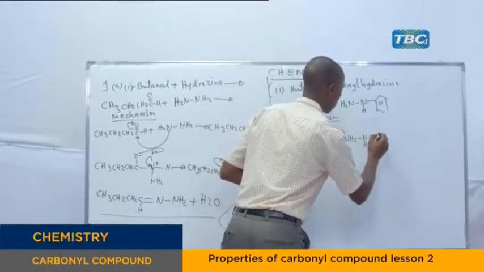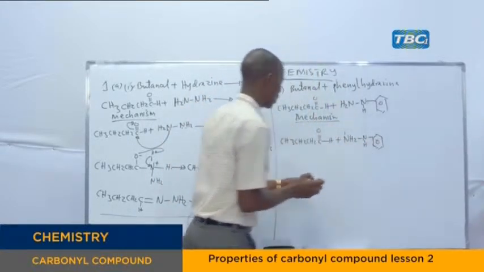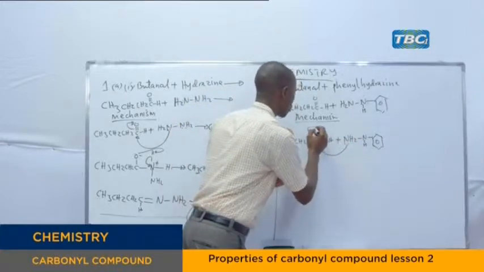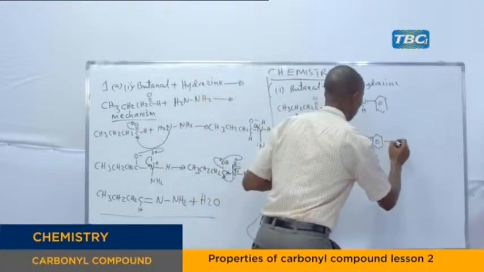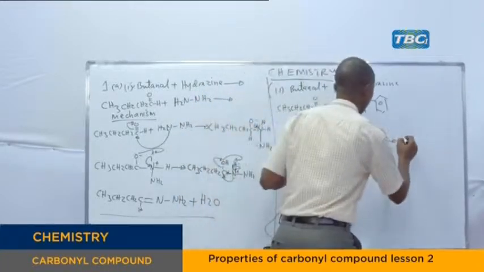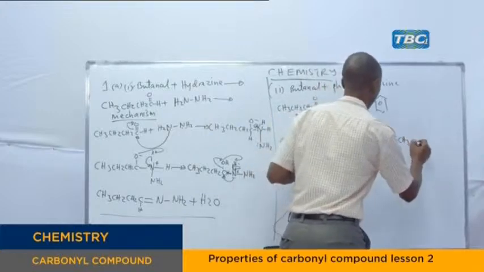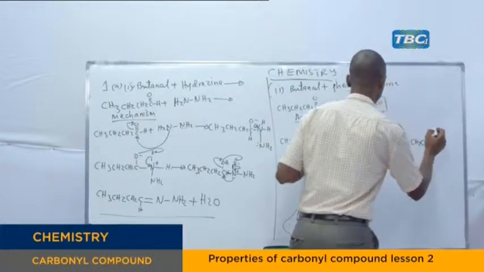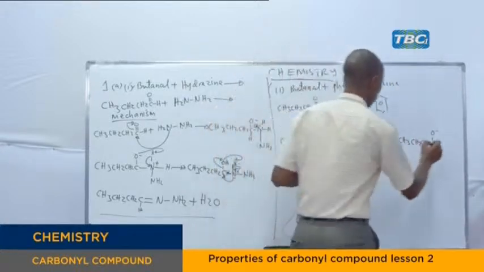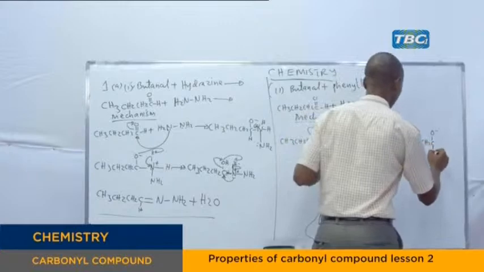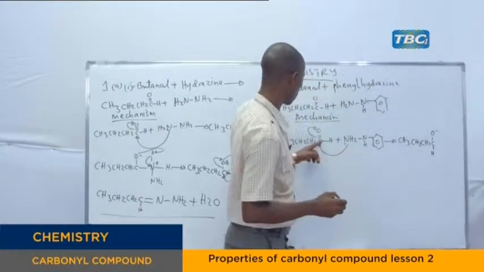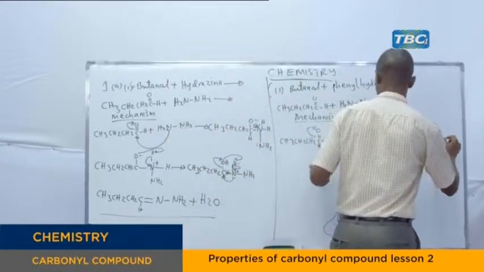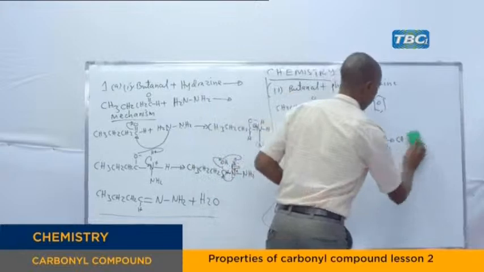Now, from there, the lone pair of the nitrogen atom will attack this carbon, making the electron move there. So we are going to form the following compound at the end. This one, it's together with hydrogen, so this carbon will make a bond with this nitrogen. The space is not enough, I can write it here.